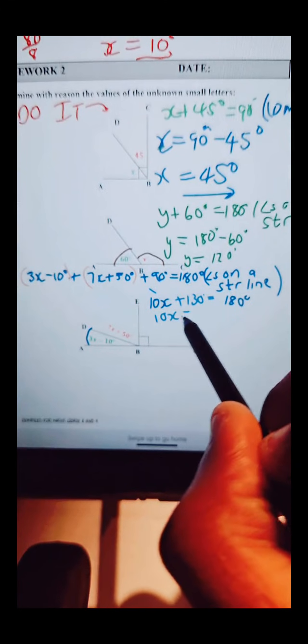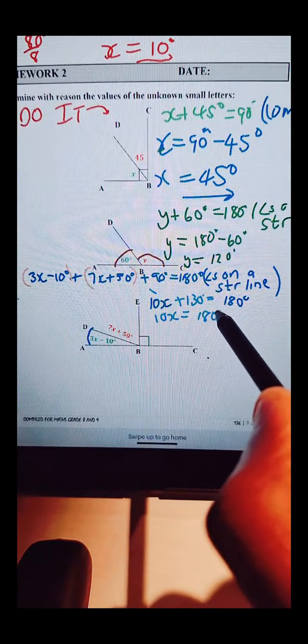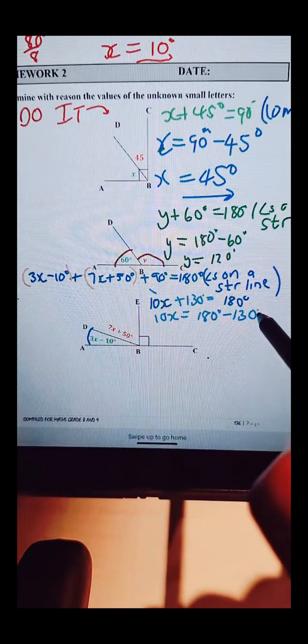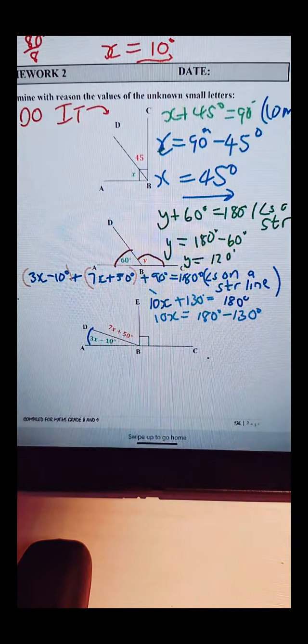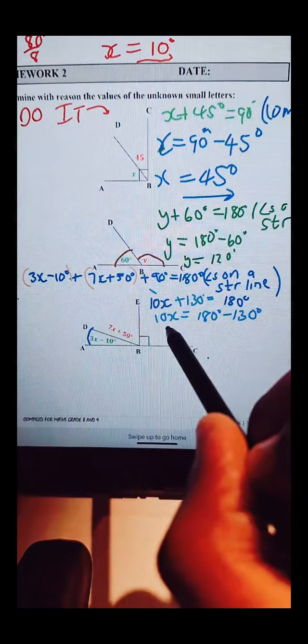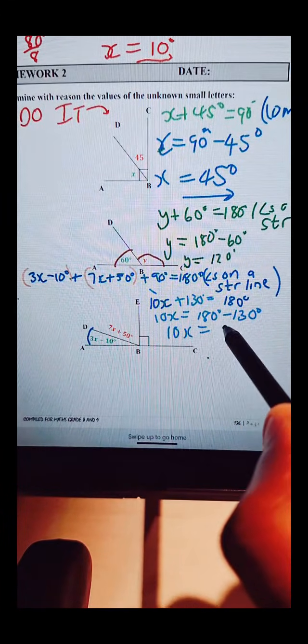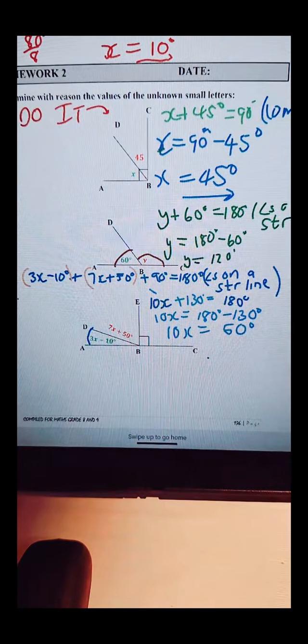You isolate the x term. You transpose the numerical term: 130, which is positive, becomes negative 130. 10x is equal to 50 degrees.